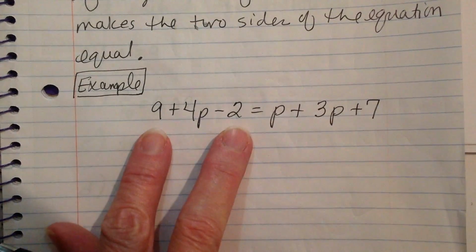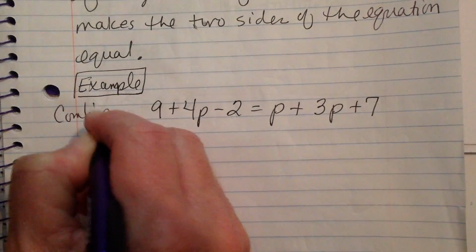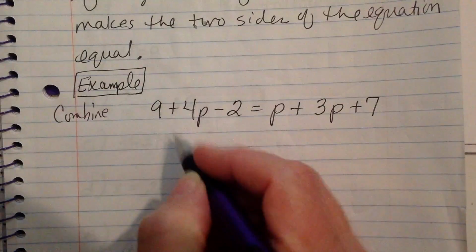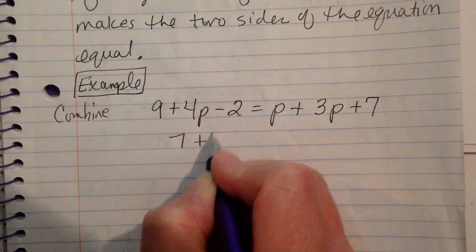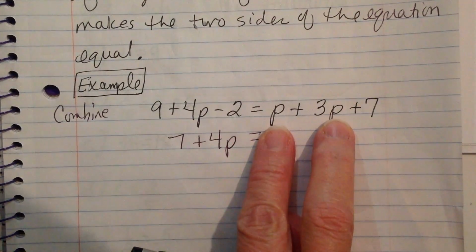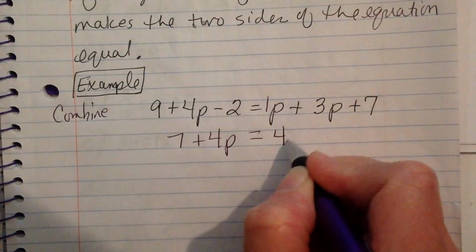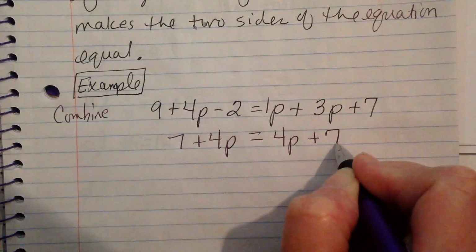I notice I have two constants on the left side, so my first step in this problem is to combine. 9 minus 2 gives you 7 plus 4p equals. On the right side, I see that I have two p's. That's 2p plus 3p is 5p plus 7.